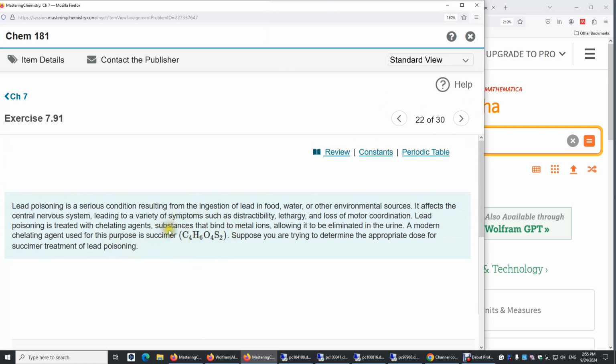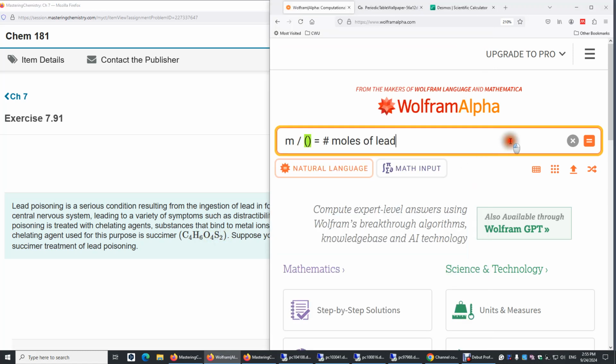Alright, the formula is C4H6O4S2. 4 carbons, I'm going to use 12 as the molar mass for carbon. Hydrogen, oxygen, 16 times 6. And we have 2 sulfur atoms.